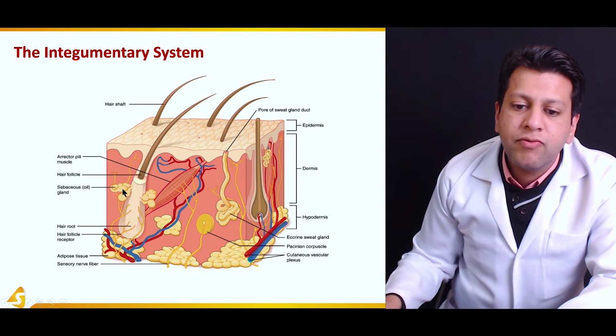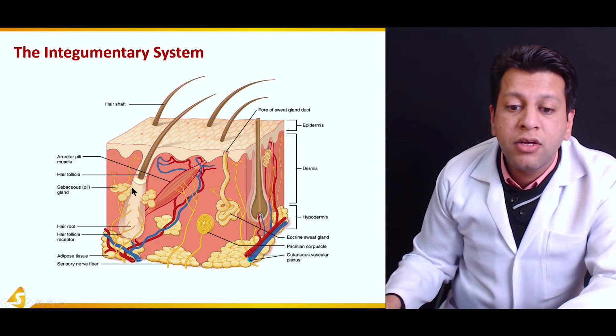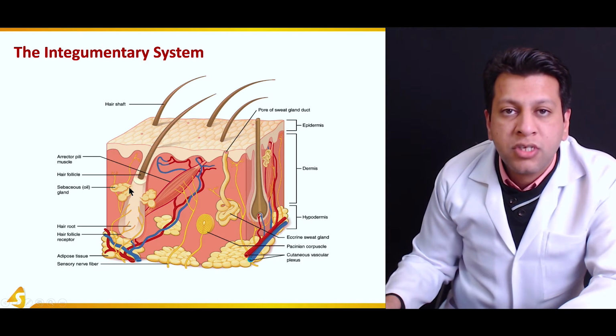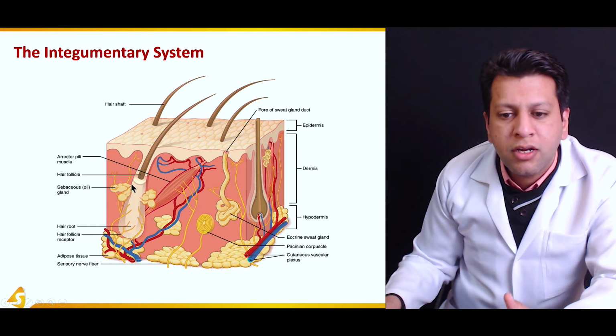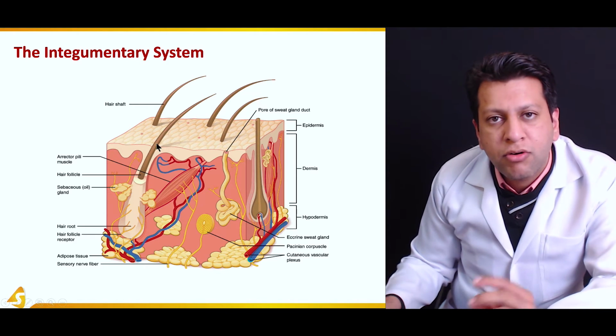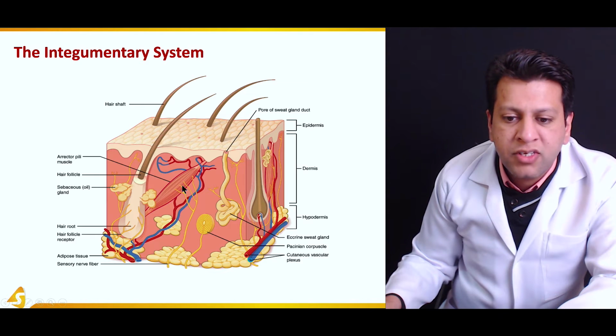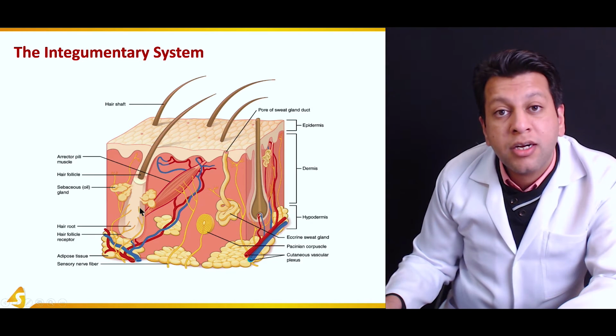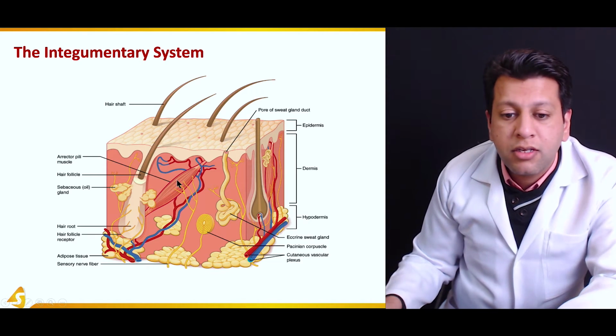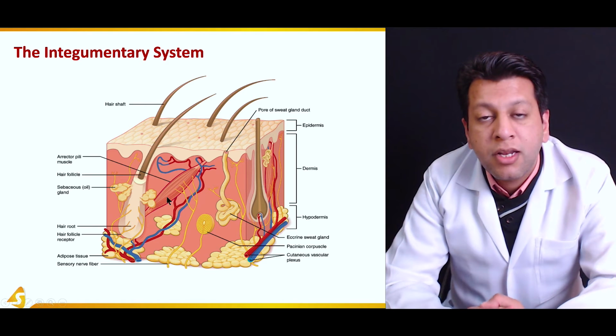On the sides of this hair follicle, you can see a sebaceous gland which secretes sebum, or oily substance, into the hair follicle, which comes out of your pores. Over here, this is a muscle attached to the hair follicle called the erector pili muscle.